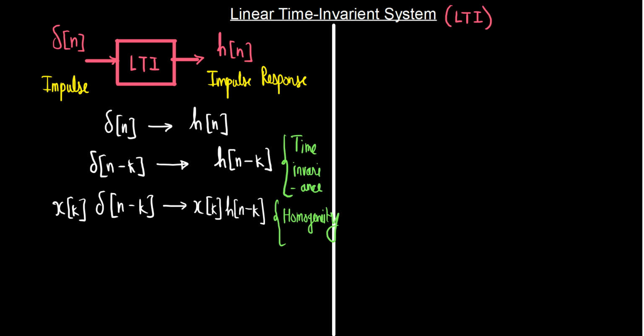Now the additivity property says that if we add two input signals and we get some outputs, the individual outputs must also get added. So let's suppose we have multiple such inputs. So we have, say, the summation of all such inputs.